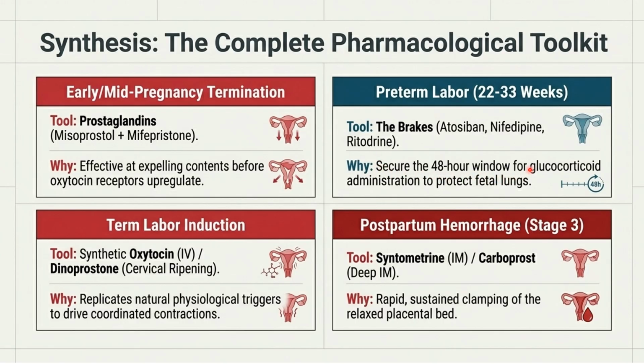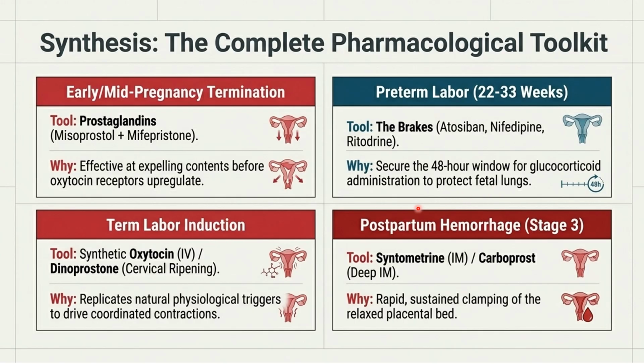But there is a therapeutic window of 48 hours for glucocorticoids to be given to the lady intramuscularly, so that these glucocorticoids reach the lungs of the growing fetus and accelerate the maturation of the lung surfactant, so that the premature newborn can have a lower risk of respiratory distress.